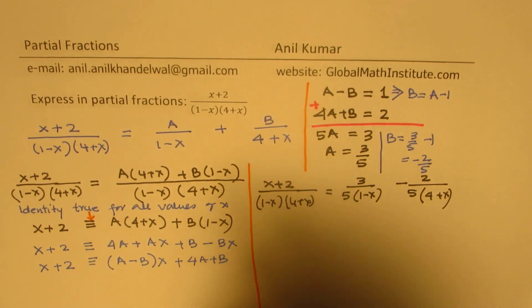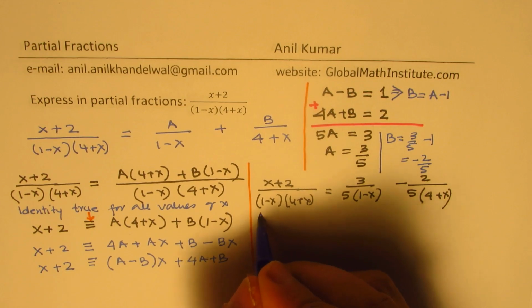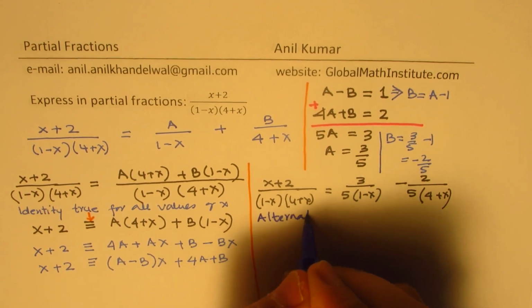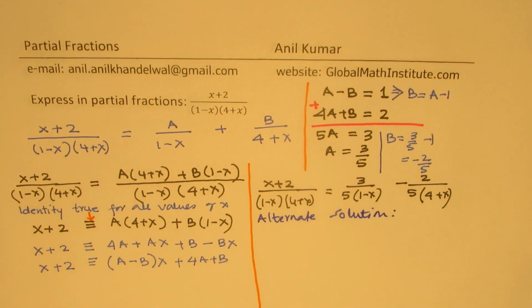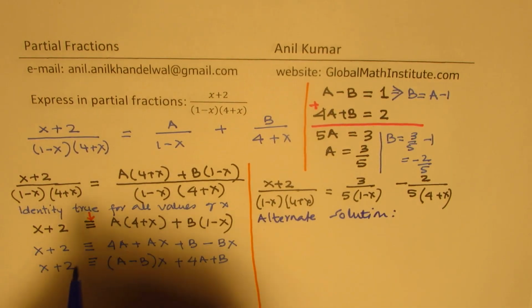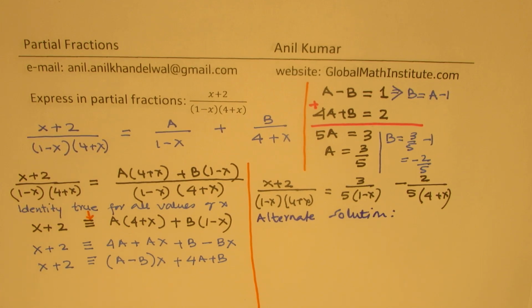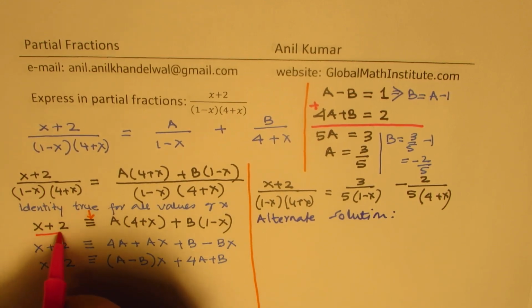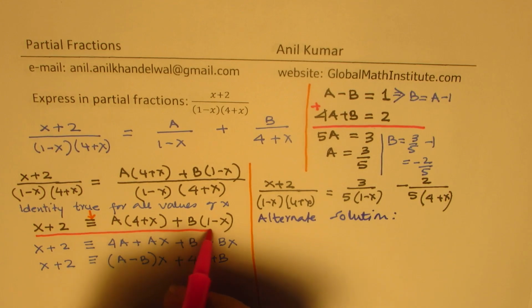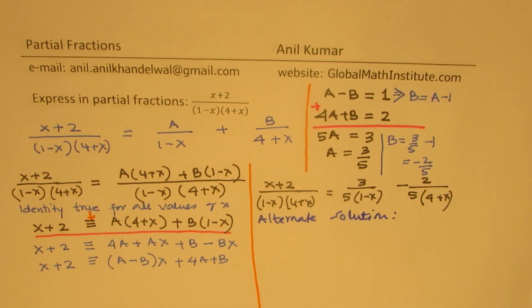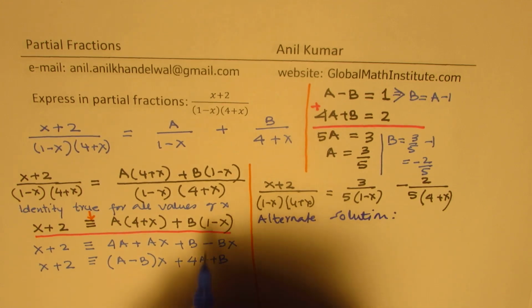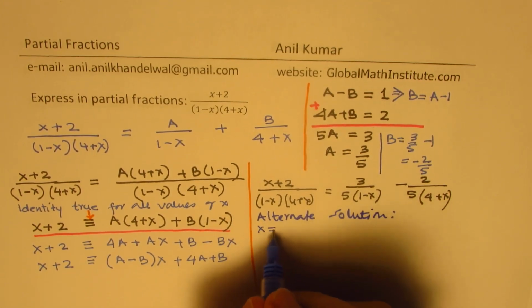Now here is an alternate way of solving this equation. We might use this solution many times. So we'll actually solve the equation given to us, which is x plus 2 is congruent to a times 4 plus x plus b times 1 minus x. Now in this equation, if I substitute x equals 1, right?